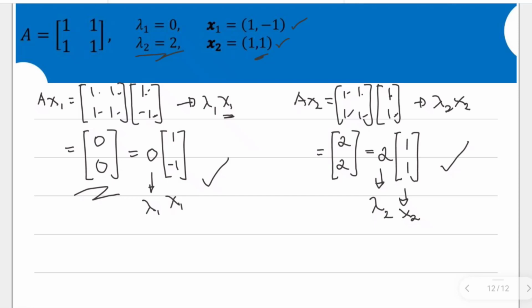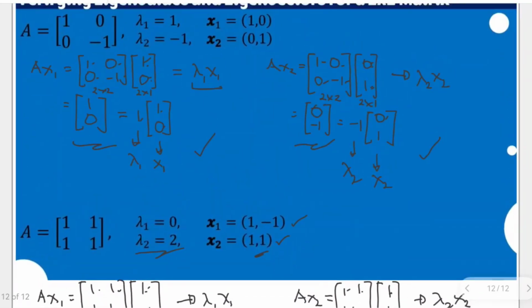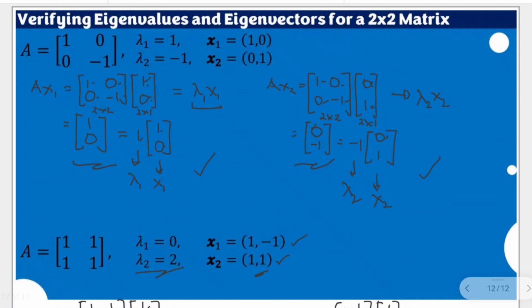The product of your matrix A and the corresponding vector can be represented by the product of the corresponding eigenvalue and the vector to be called eigenvector. So this is all for this video, and that is how we verify eigenvalues and eigenvectors for 2 by 2 matrices.